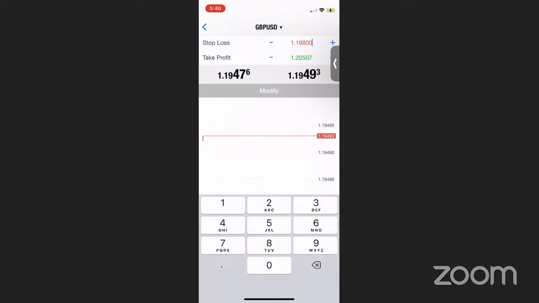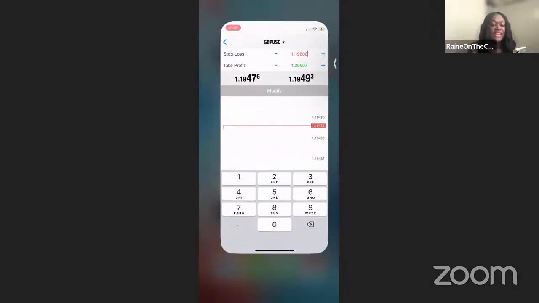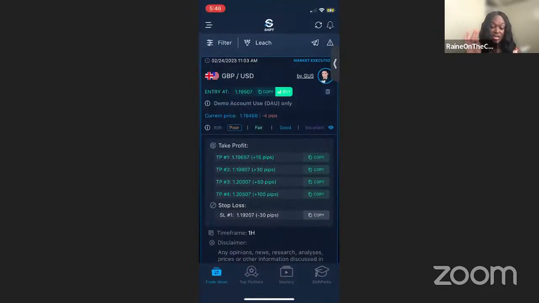Okay. So just imagining that the current price is all the way at 1.20507. And let's say we didn't have any take profit, because you can leave the take profit empty, right? So let's pretend that it's at 1.20507.